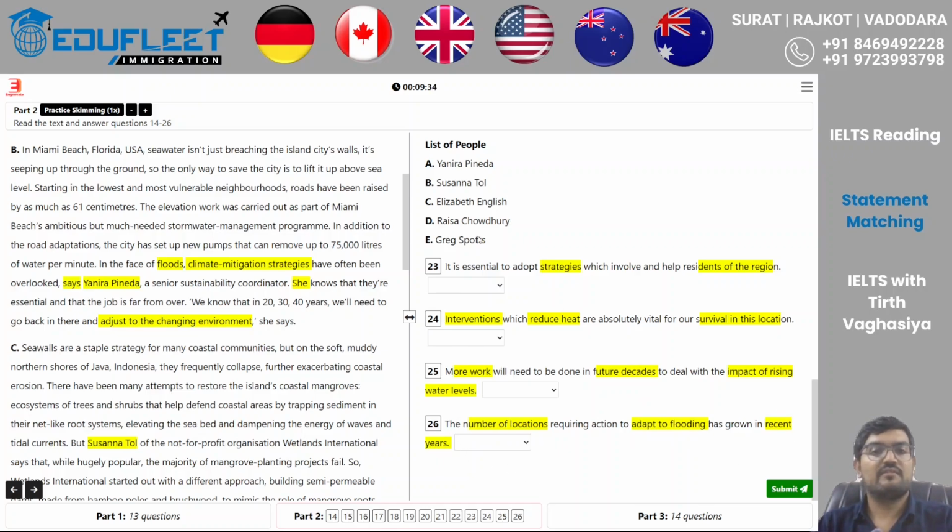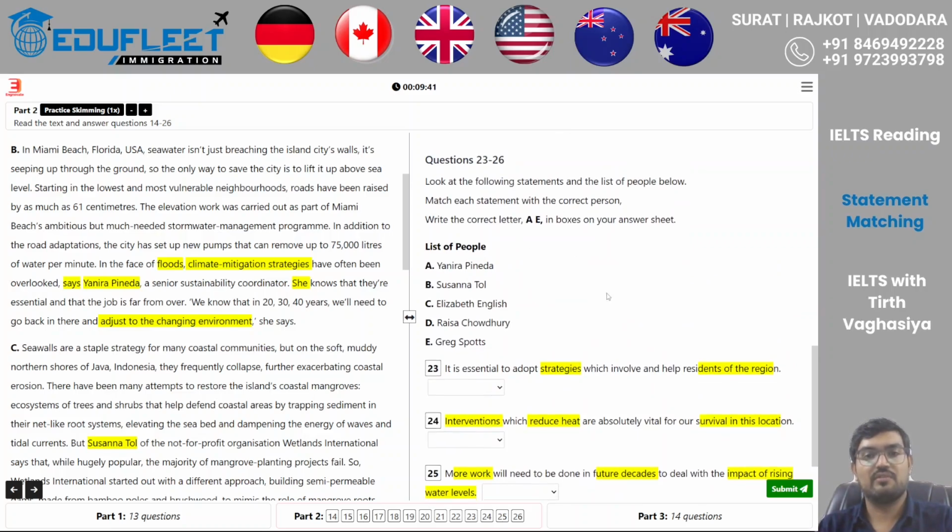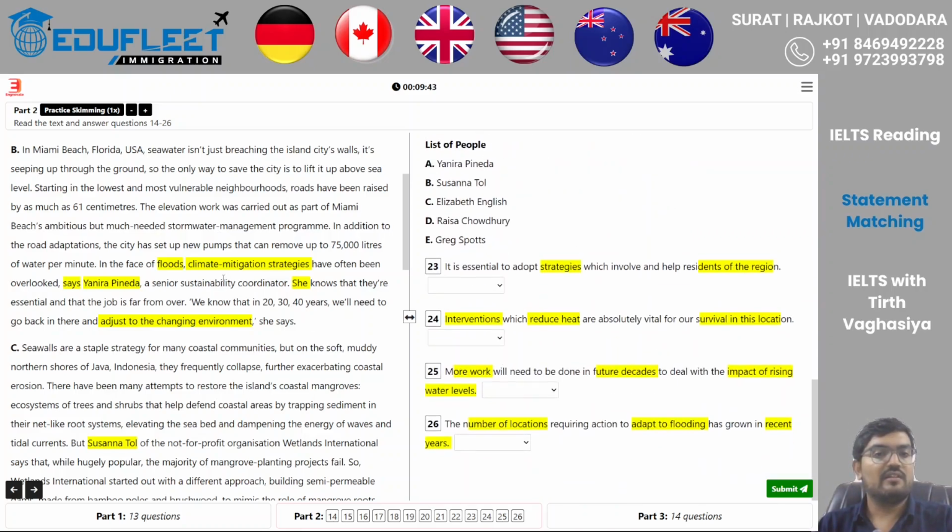Out of this, we have five options and only four statements, so that means one of them is not going to be used. Here, what was mentioned about Yanira is she knows that they are essential. Which are essential? Climate mitigation strategies. So they are essential and we need to implement that in 20, 30, or 40 years.